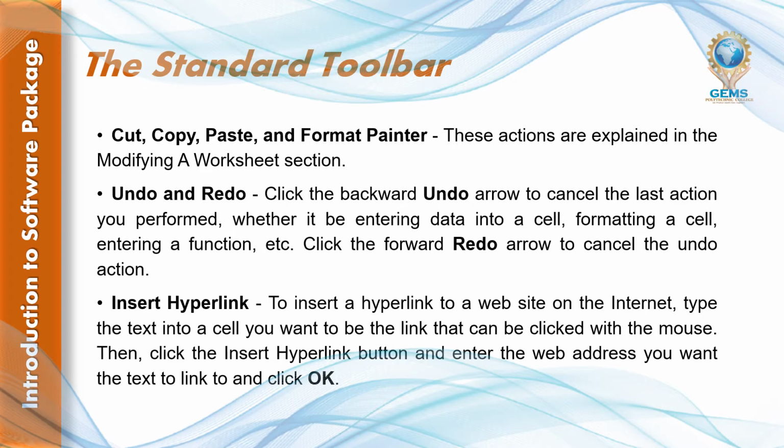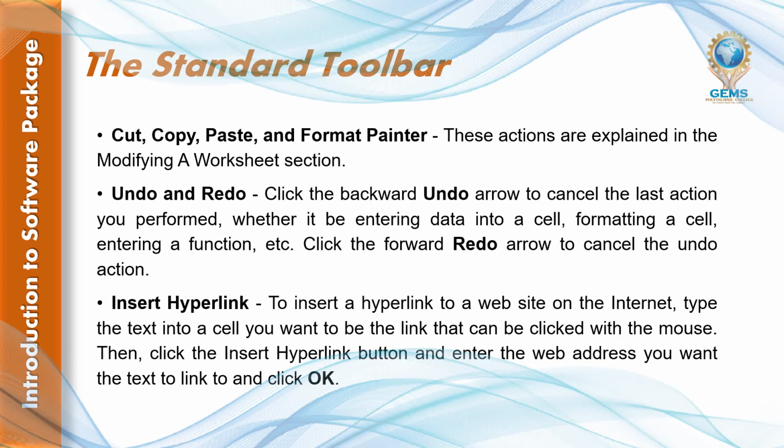Click the backward undo arrow to cancel the last action you performed, whether it be entering data into a cell, formatting a cell, entering a function, etc. Click the forward redo arrow to cancel the undo action.